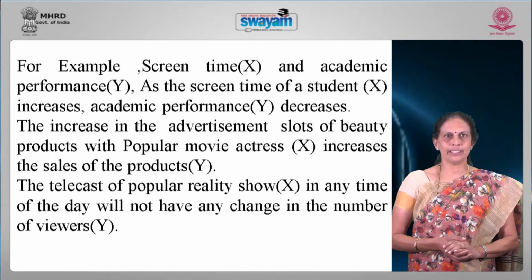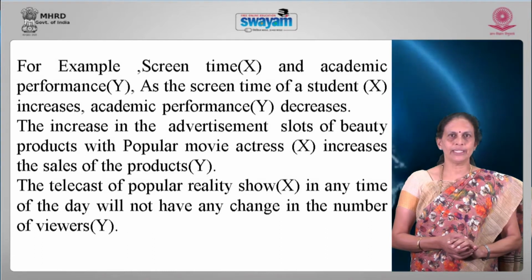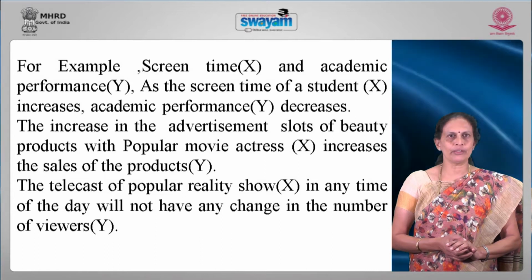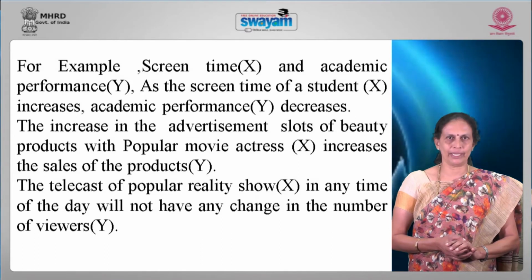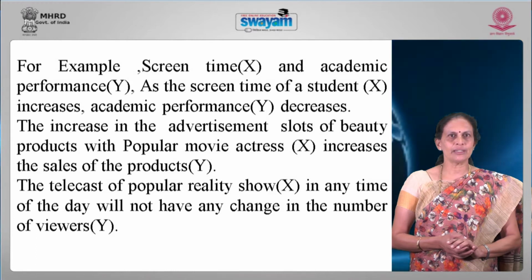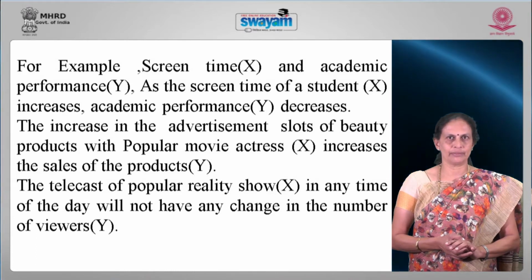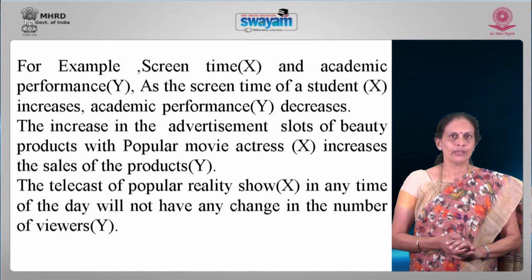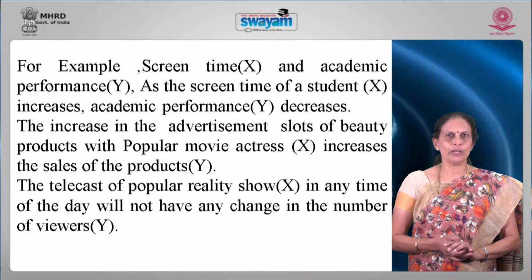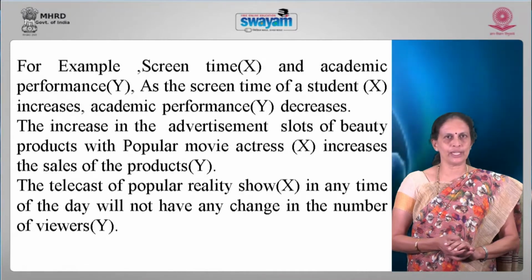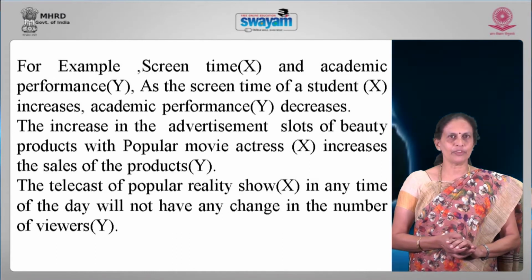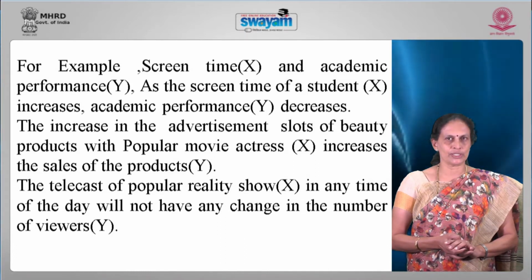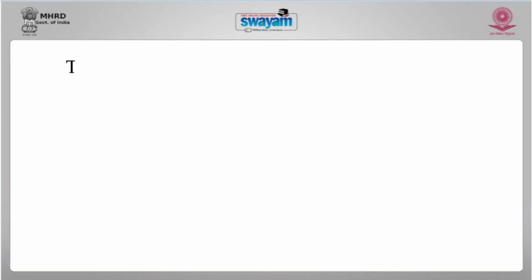Similarly, in another example, the increase in the advertisement slots of beauty products with a popular movie actress, denoted by X, increases the sales of the products, denoted by Y. In another example, the telecast of a popular reality show, denoted as X, at any time of the day will not have any change in the number of viewers, denoted by Y.